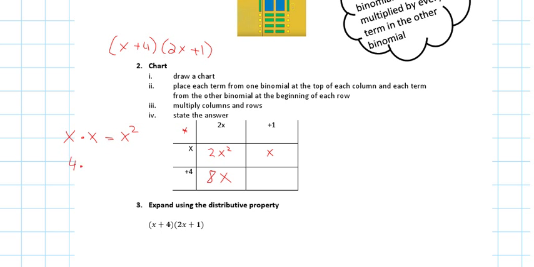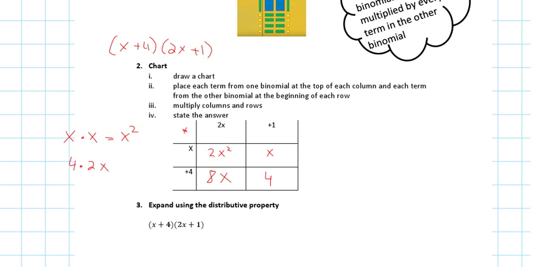You have 4 multiplied by 2, which gives you 8x. There's no other letters that you're multiplying here. Then you have 4 times 1, which is 4. Are we okay with this?